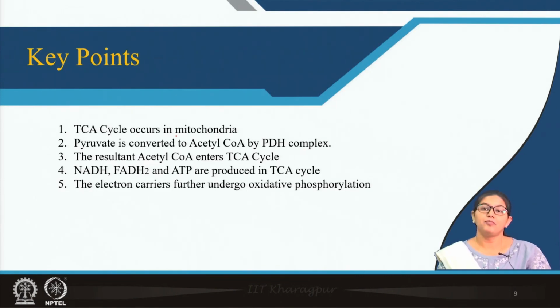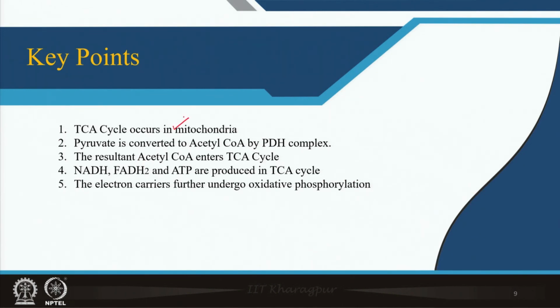So, these are the key points discussed today, that is TCA cycle is occurring inside mitochondria. Pyruvate is converted to acetyl coenzyme A, that is also inside mitochondria with the help of pyruvate dehydrogenase complex. The resultant acetyl coenzyme A enters TCA cycle.